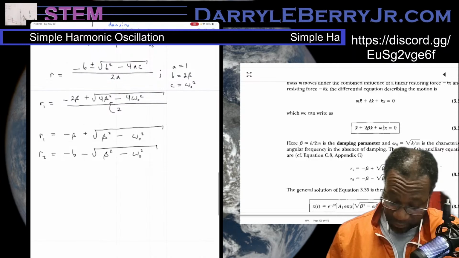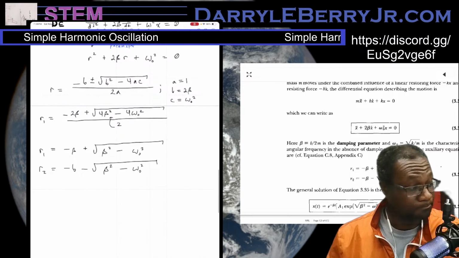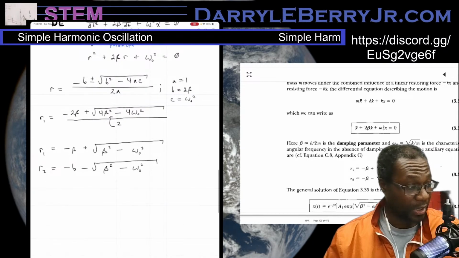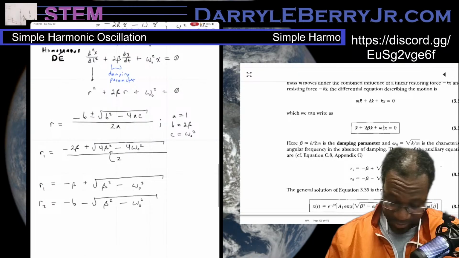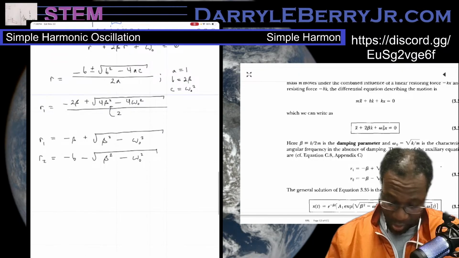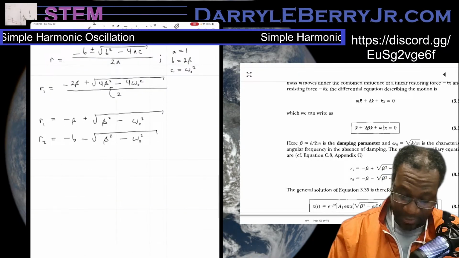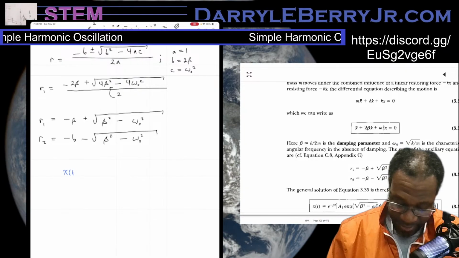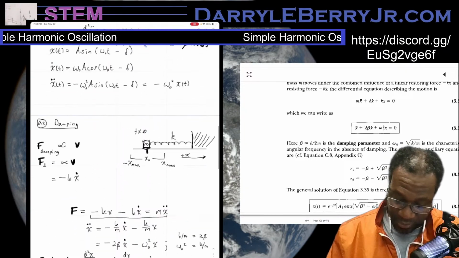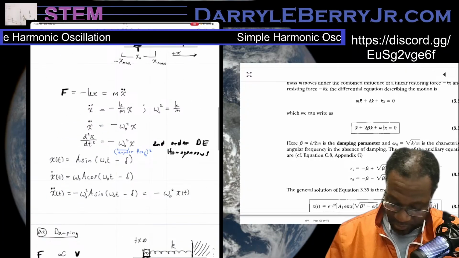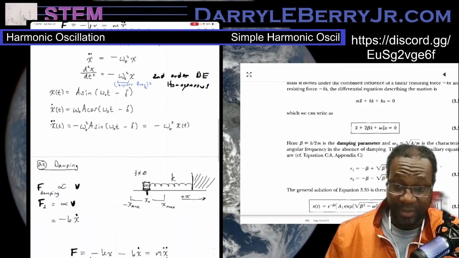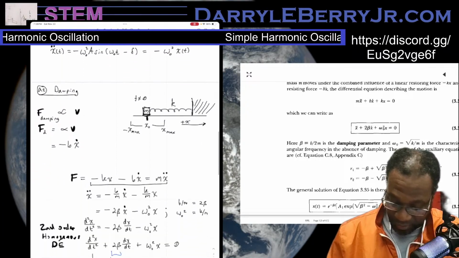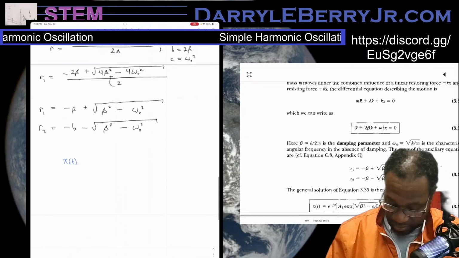And so we can go ahead and plug this in. Earlier we solved for x pretty directly because of the simplicity of that differential equation.